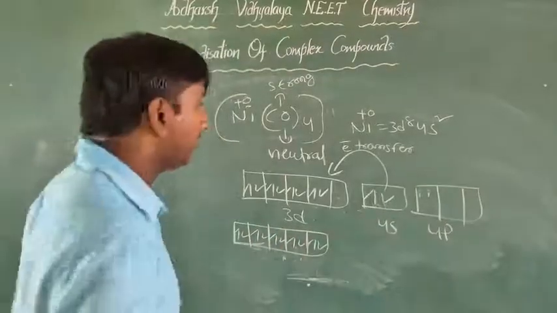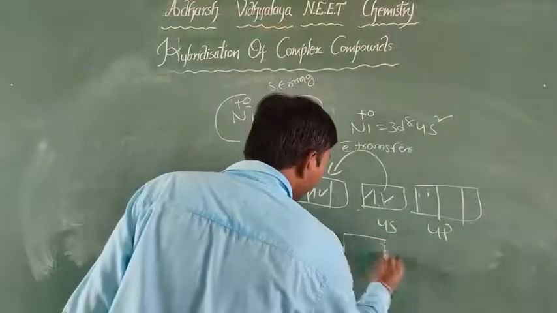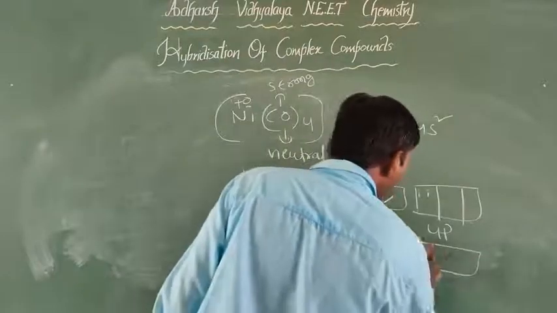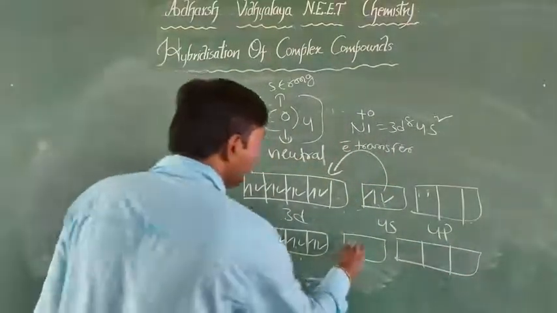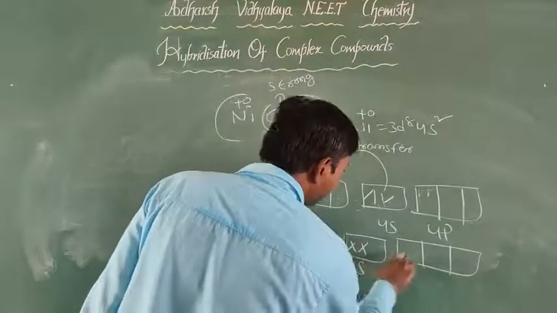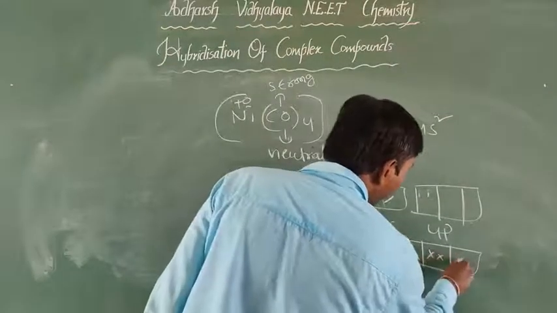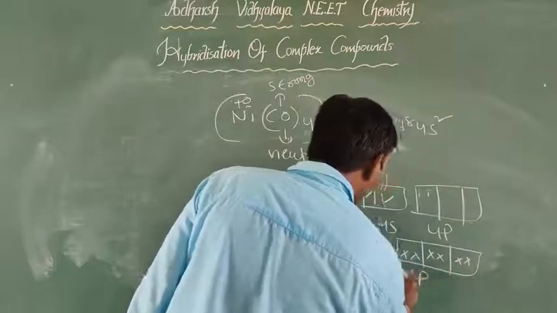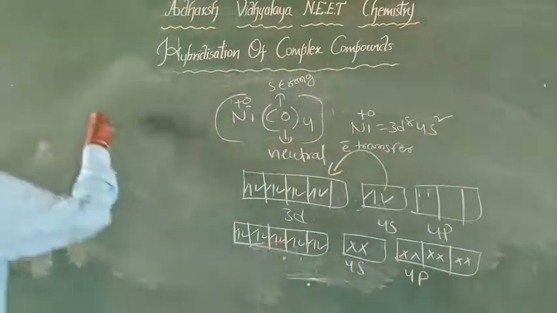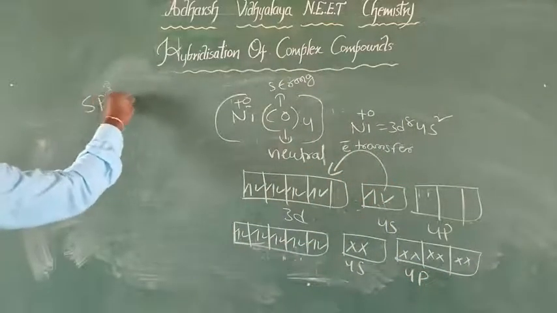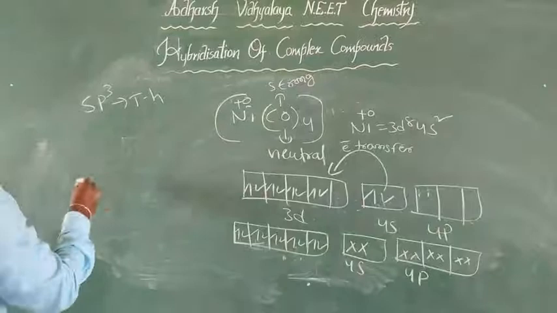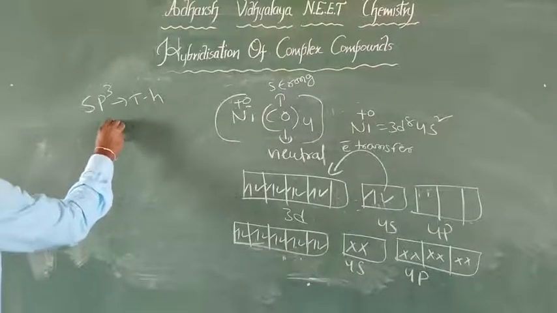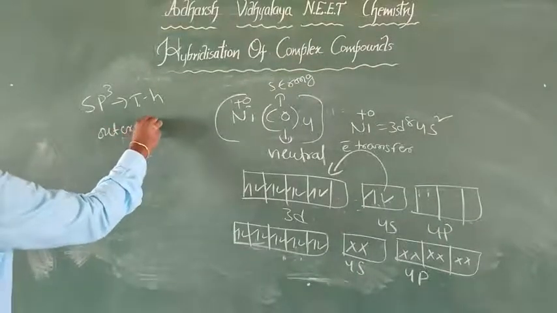Okay now, that's why now the 4s orbital is empty. 4 ligands, 8 electrons: 2 electrons filled in 4s, 6 electrons filled in 4p. What is the hybridization? sp3 hybridization, tetrahedral complex. Okay now, this is an outer orbital complex.